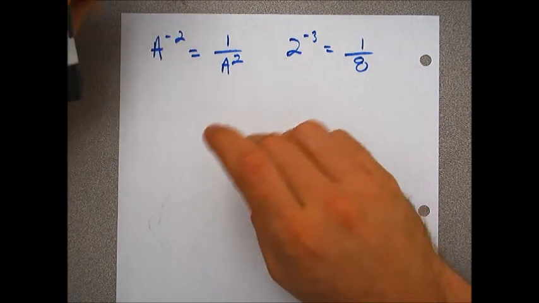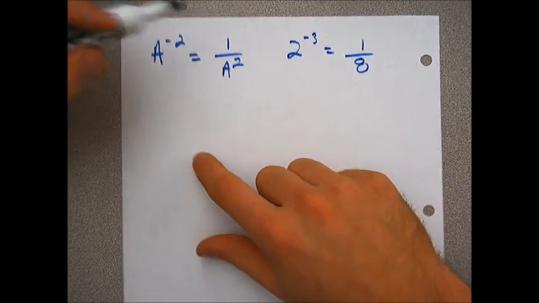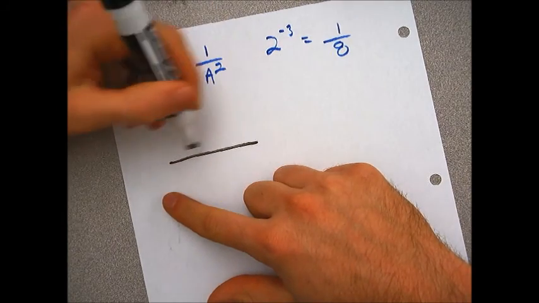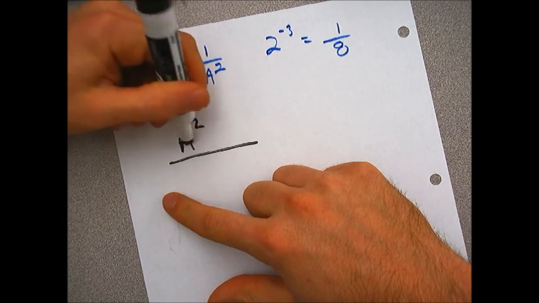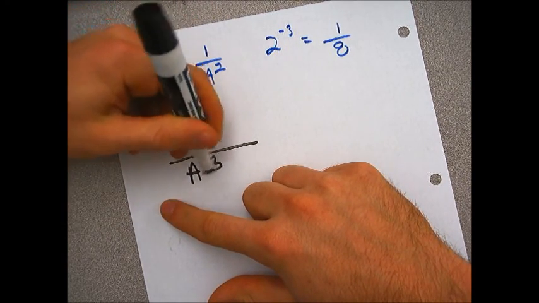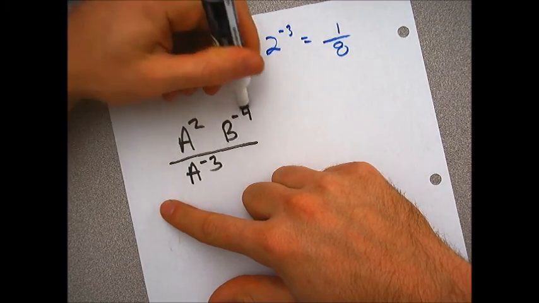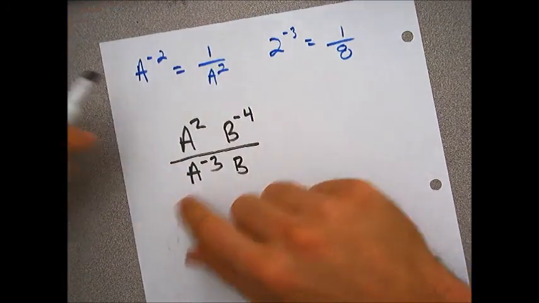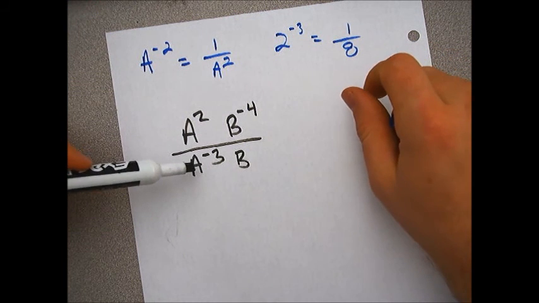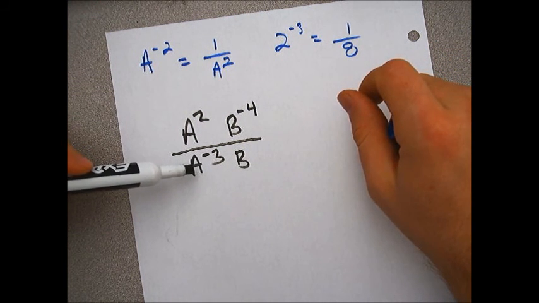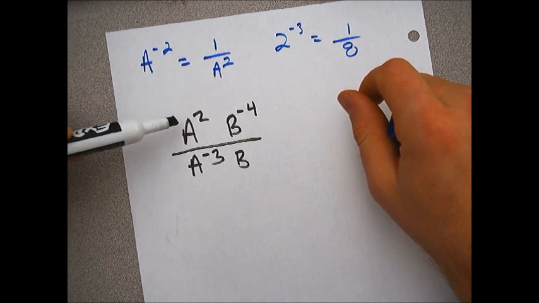When we do this in combination with the division we just looked at, so let's say we have a squared b to the negative fourth over a to the negative third and b. Well, the negative exponent tells me to flip it. So I see a to the negative third down here. It tells me to bring it up.